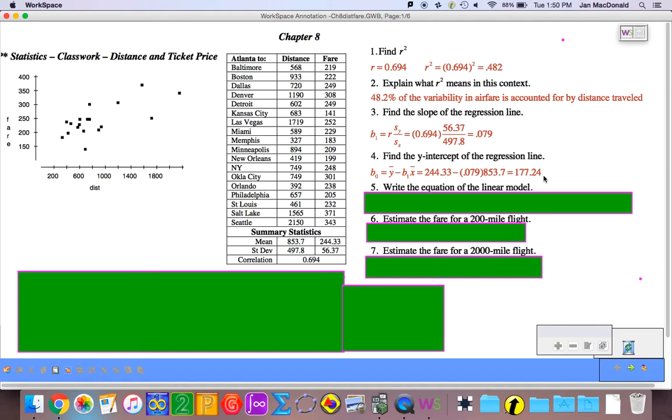Write the equation of the linear model. In Algebra 1, we learned that the equation is y equals mx plus b. It's pretty much the same equation, with slightly different variables. In statistics, we say y hat equals b naught plus b1 times x, where b0 is the y-intercept and b1 is the slope.